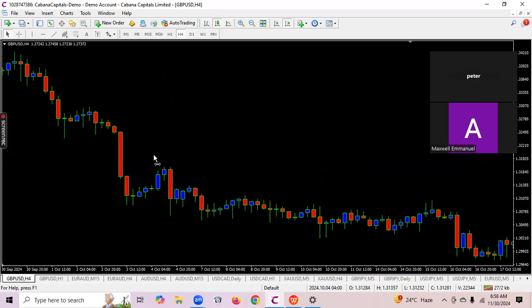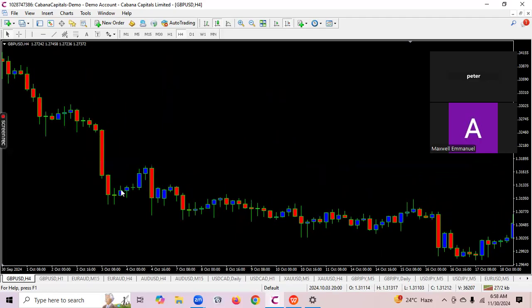Then we'll look at further candlestick patterns. So this is also a spinning bottom. The trend was bearish. Spinning bottom formed. You wait for this next candle to close bullish before you buy, because the body of this spinning bottom is bearish.